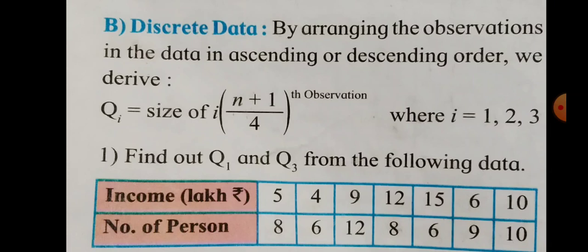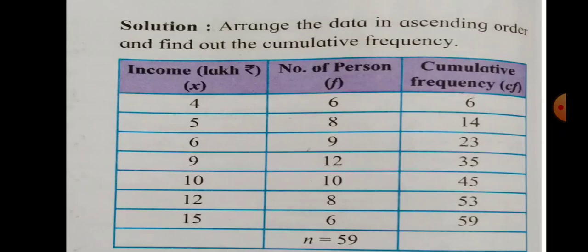This formula you have to apply to calculate quartiles from discrete data. Here an example is given. You have to find out Q1 and Q3 from the following data. In the first row they have given income in lakh rupees, and in the second row they have given number of persons, that is frequency. Now let us see how to solve this example.